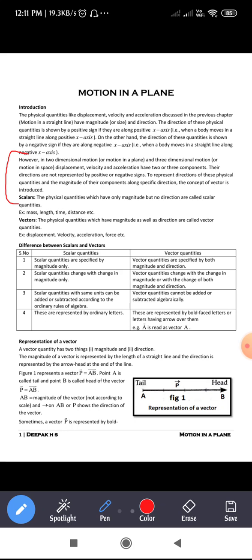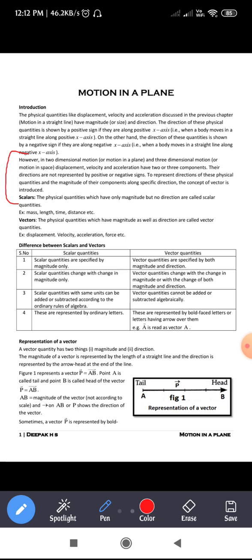Okay. So as you know, in the case of motion in a straight line, we were just concerned about one dimension, right? Now, coming to the Motion in a Plane chapter, it is regarding two dimensions.